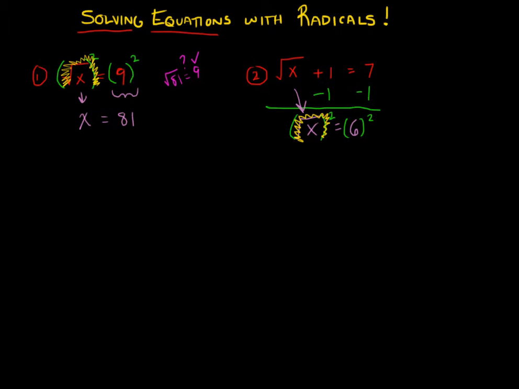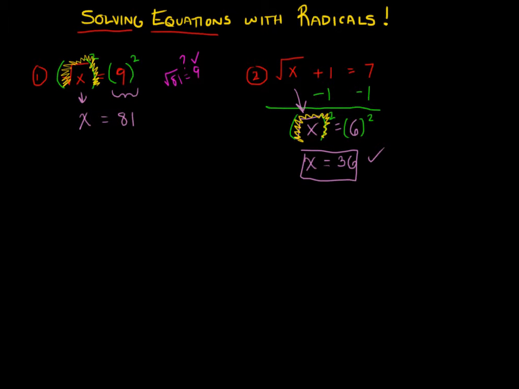So I'll end up with x, the radicand, is equal to 36, because that's 6 squared. Double check your answer. The square root of 36, that's 6, plus 1, hey, cool, is 7. So we definitely have the right answer here. x equals 36.